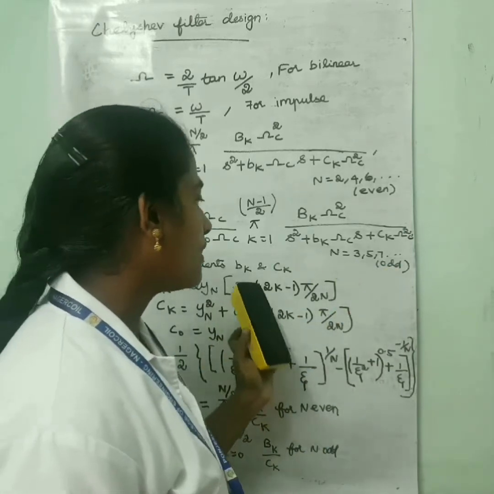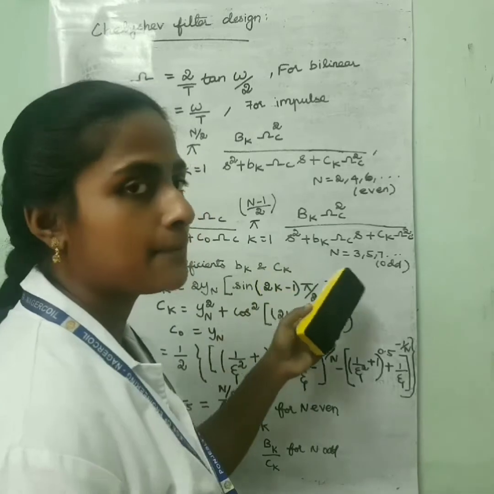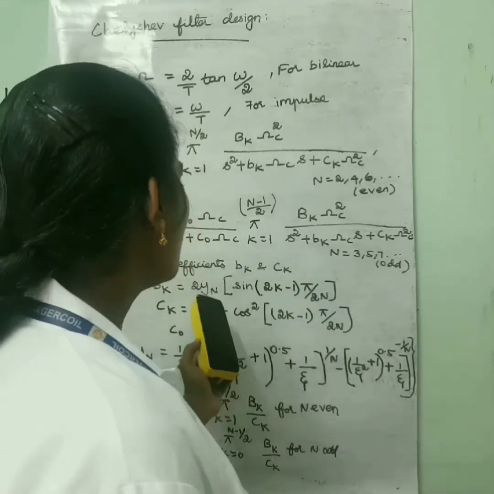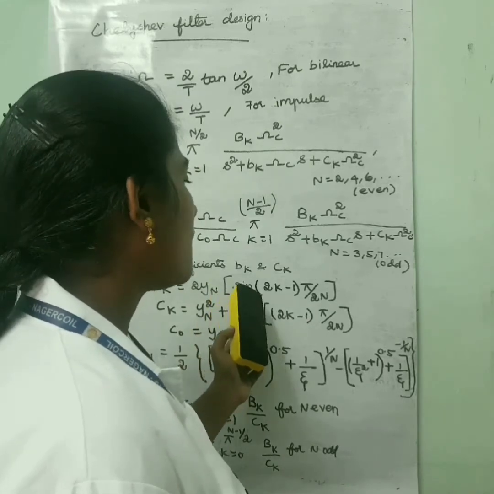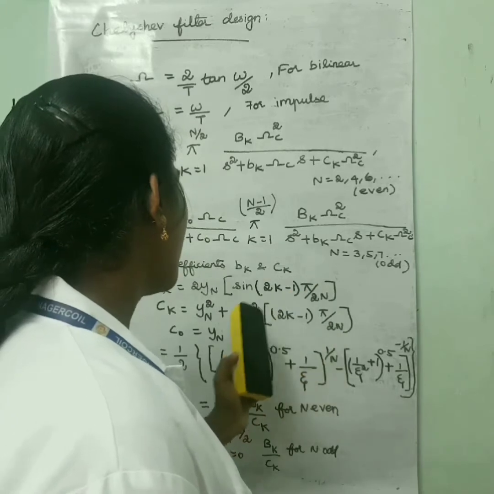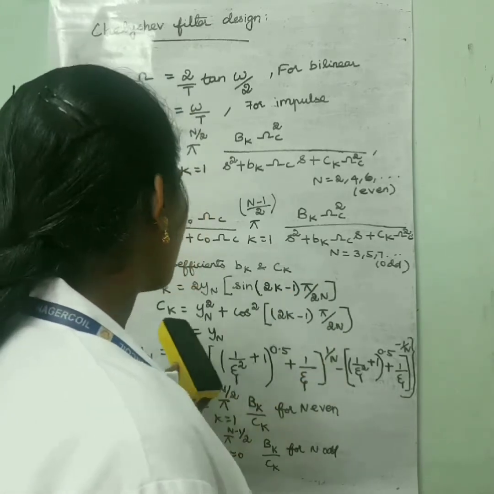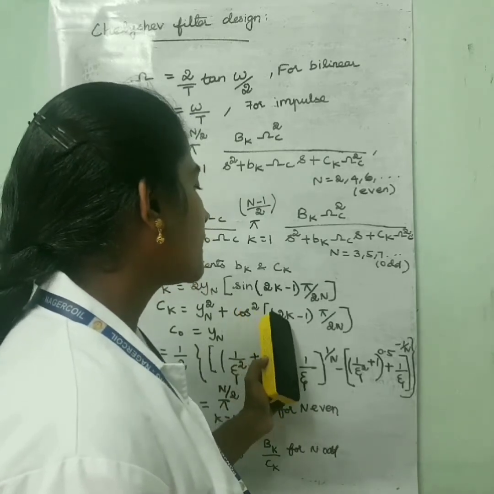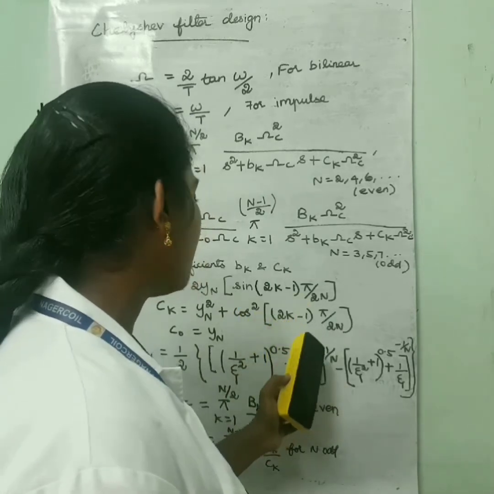Next, the coefficients b k and c k can be found by the formula b k equal to 2 y N into sine of (2k minus 1) into pi divided by 2N, and c k equal to y N square plus cos square of (2k minus 1) into pi divided by 2N.